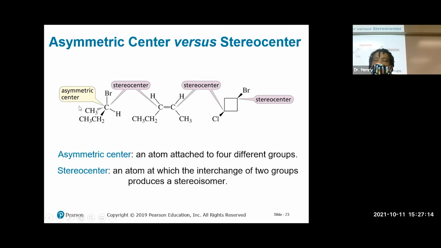That's why it's important to pay attention to whether you have a symmetrical or asymmetrical center, because that lets us know whether or not we're going to have a chiral molecule. These are called your stereocenters.